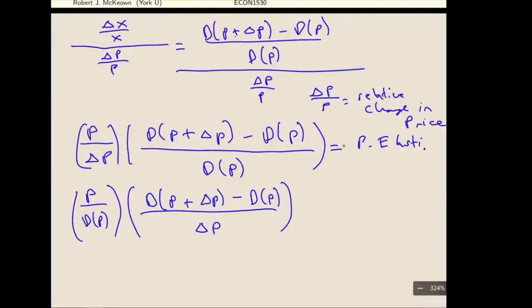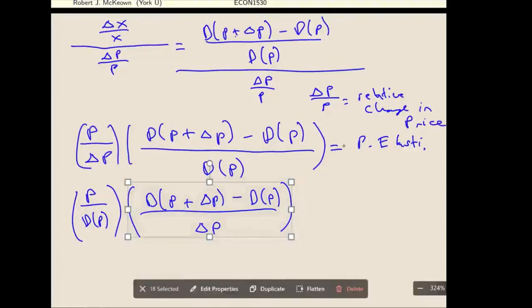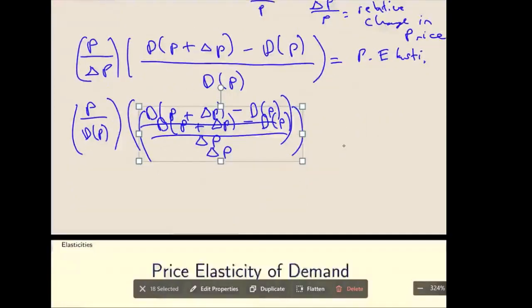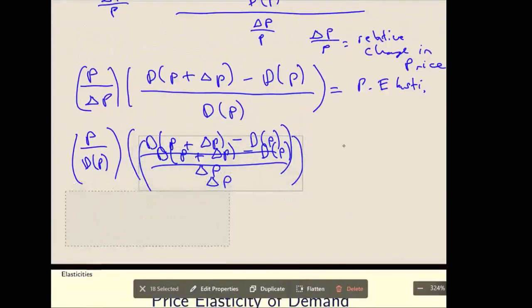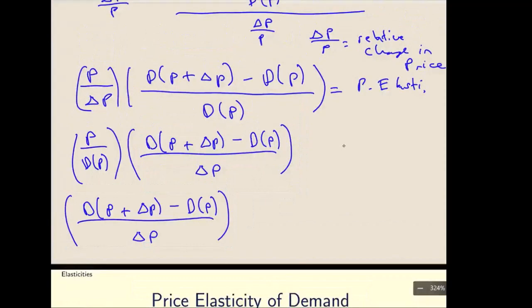Well, notice that I'm going to duplicate this, move it down there. I'm going to get rid of these. Notice this is a Newton quotient.